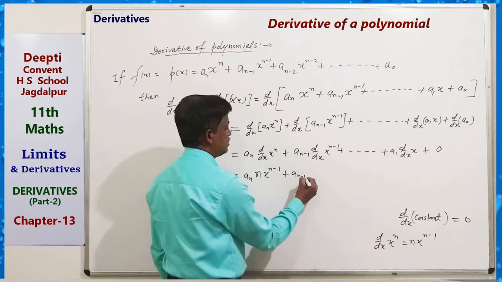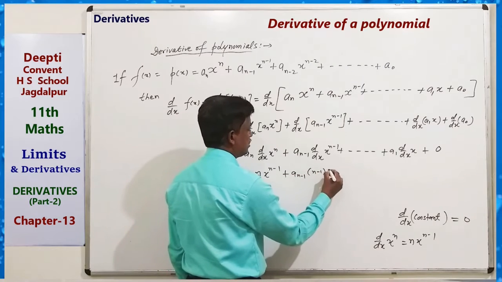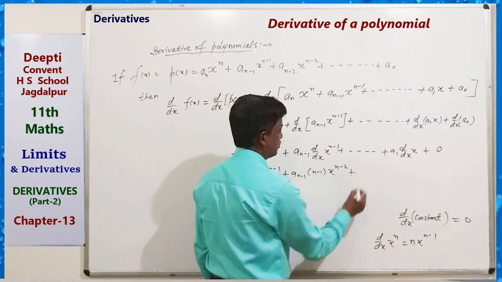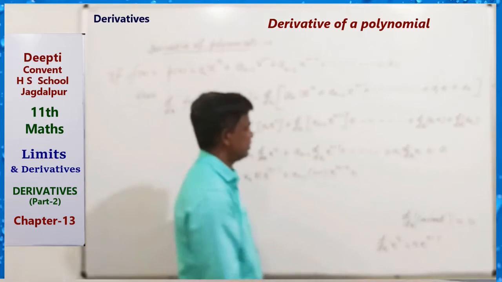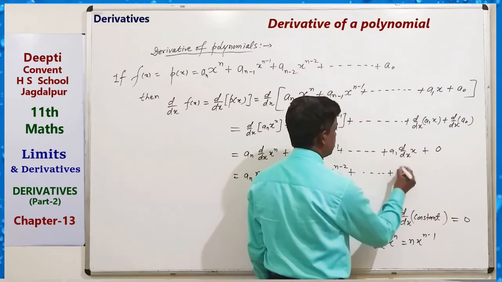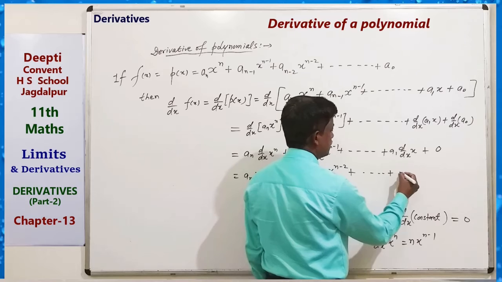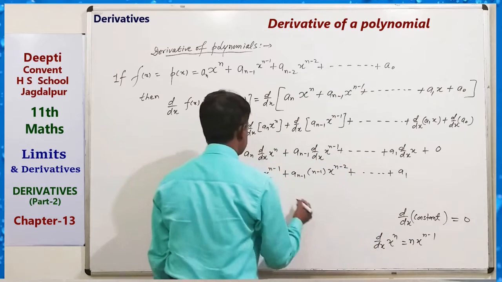Here a_(n-1), n minus 1, x to the power n minus 2. Just use this formula. And here the derivative of x is 1, so a1. So this is the answer.